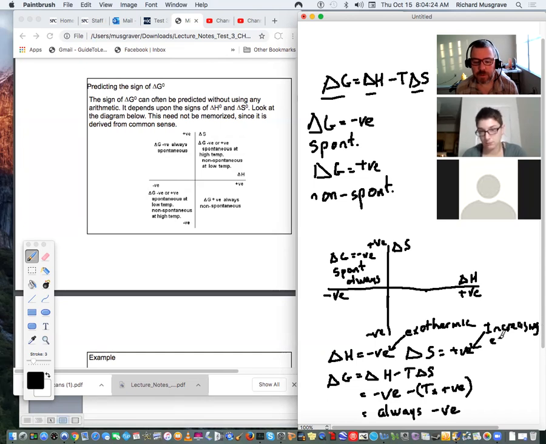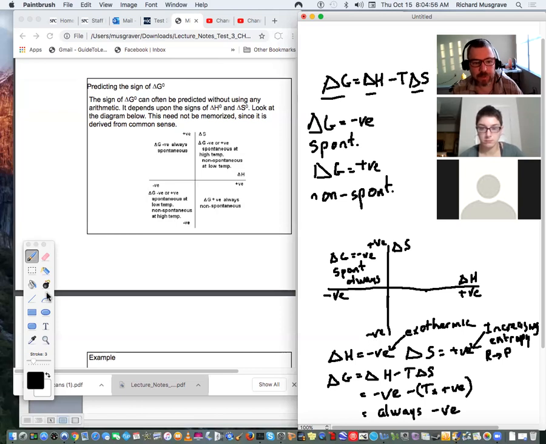So we're increasing entropy, and any process that increases entropy going from the reactants to the products is going to be a favorable one as well. So it makes sense that processes that are always spontaneous are always going to be ones that are exothermic, they have a negative delta H, and will increase their entropy. So that's going to give a positive delta S.